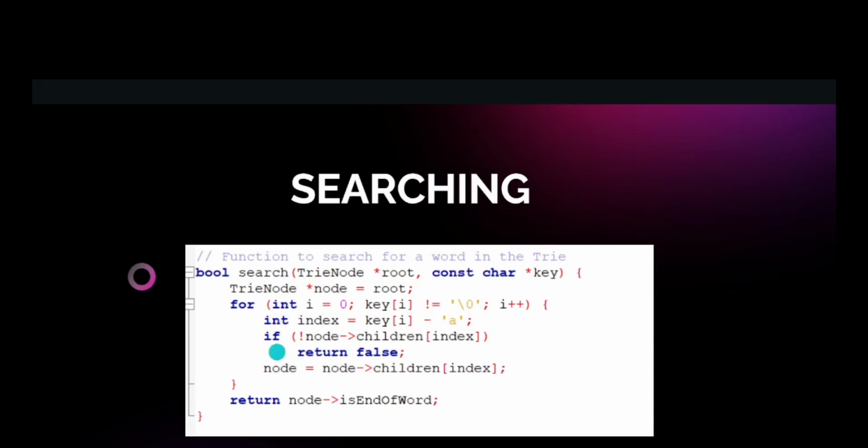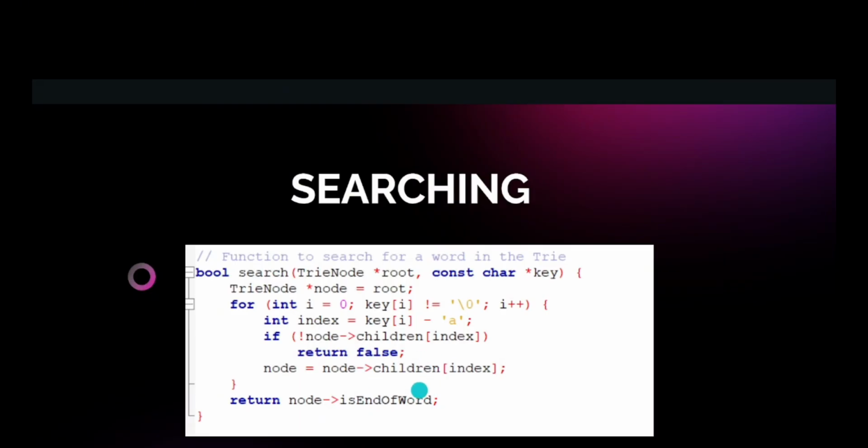After that, we have to check if the node exists. If the node for this letter doesn't exist, then here it returns false, meaning the word is not found, and this stops the search early. After that, we move to the next node, node equals node next. It advances deeper into the try character by character.